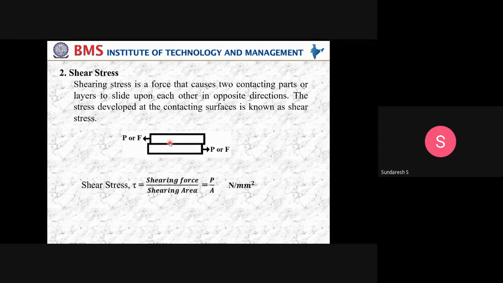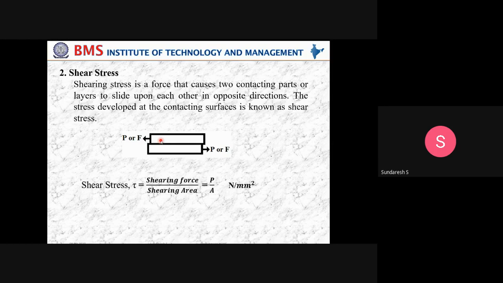So because of the load, what happens? The sliding is going to take place, one layer over the other, and across the surface, stresses will be induced because of the resistance that the surface will offer to make the layers deform.